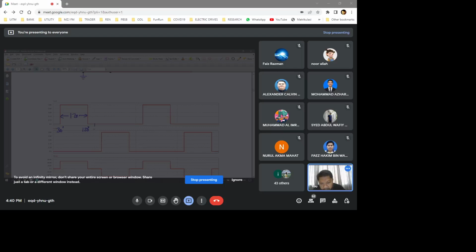So that will be 180 degrees, and this will be 210 degrees, and here you have 120, 330 degrees. Therefore here you have 360 degrees. So you control the switches, and you give this pulse to switch 1 and switch 2, and finally you see that the output consists of this waveform.